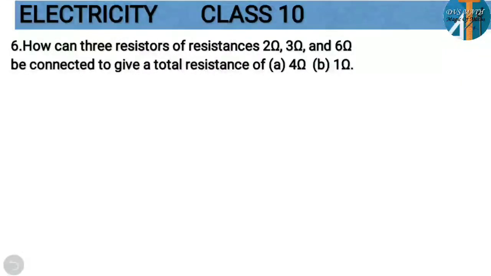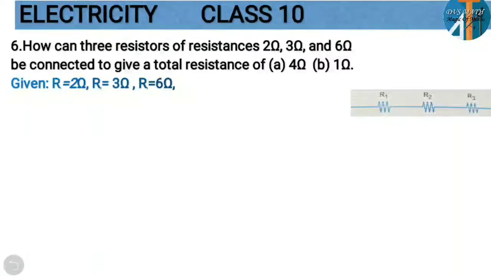Please observe carefully. When it is only two resistors, either you can connect in series or take it as parallel. But if you have three resistors, we have four options.